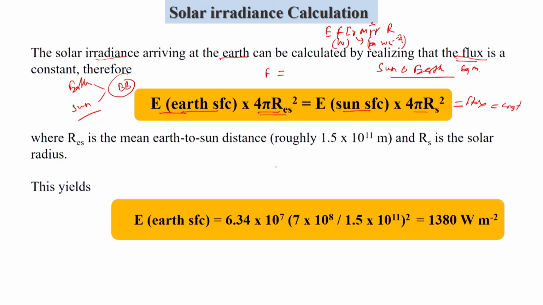And if you just put these numbers, what will happen? And we know that ES is the mean earth to sun distance. So you have to calculate the constant flux that arrives at the surface. What is the radiant flux from the sun itself?